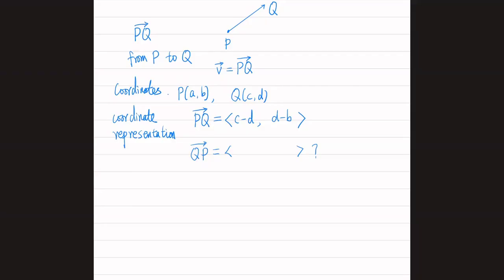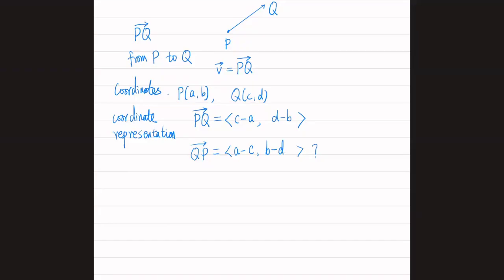Amy, any thoughts? So it should be in the reverse direction. Okay, let me check. I made a mistake in the previous one. I just realized it should be C minus A, not C minus D. Let me make a correction. C minus A. Okay, Amy, your turn. So I think it's A minus C and B minus D.